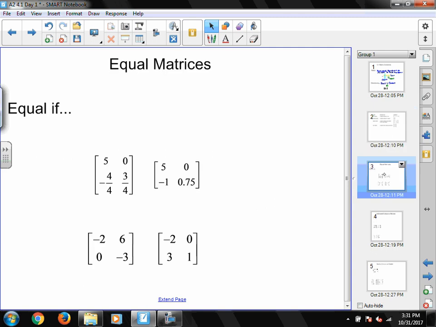Matrices can be equal, just not surprising there.